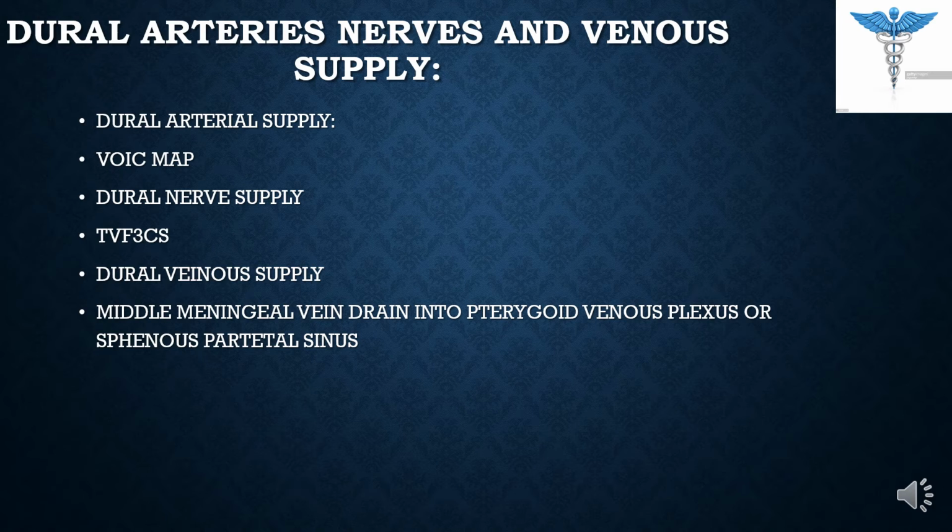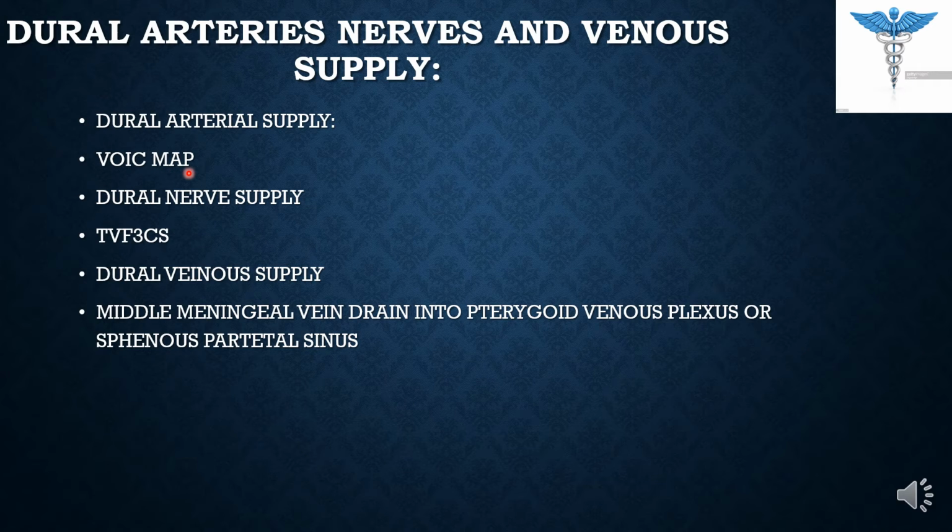Now, for arterial, nerve and venous supply, you only have to remember some basic tricks, and that is you only have to learn VOICE MAP and TV F3CS. So, arterial supply is VOICE MAP. V for vertebral arteries, O for occipital, IC for internal carotid artery, M for maxillary, AP for ascending pharyngeal artery.